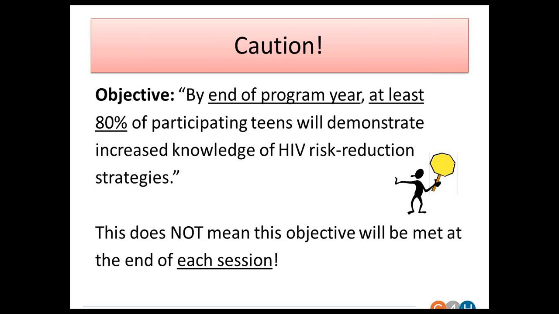I also want to point out something here that's a place where programs commonly make a mistake. Be sure to read the objective very closely and notice that it is not saying that it wants an 80% increase in knowledge, because that would be a lot. It's saying that 80% of the participants will have an increase in knowledge. It's up to your program to decide what a meaningful increase in knowledge is.